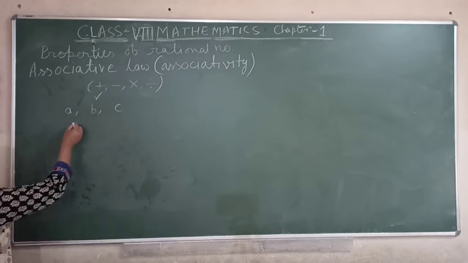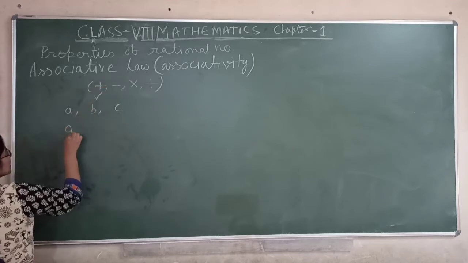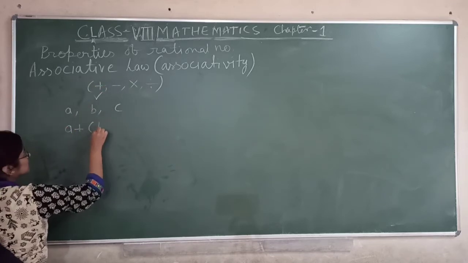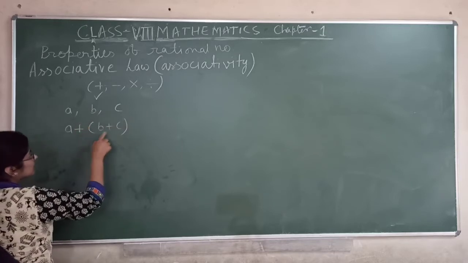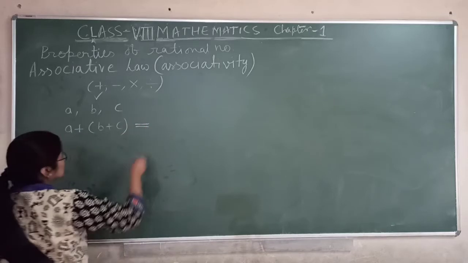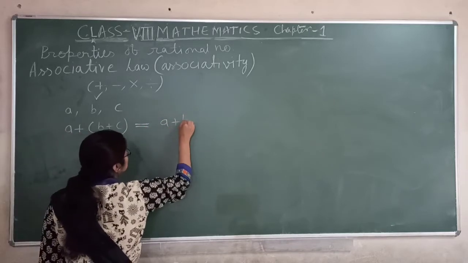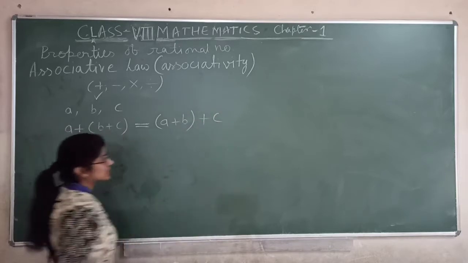So if we are doing it for addition, what should it be? A plus (B plus C), with B and C within the bracket, should be equal to (A plus B) plus C, with these two within the bracket.